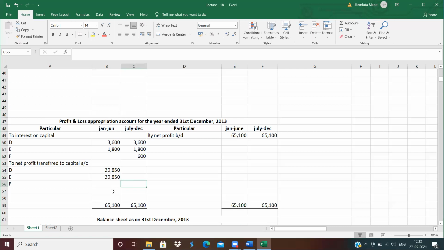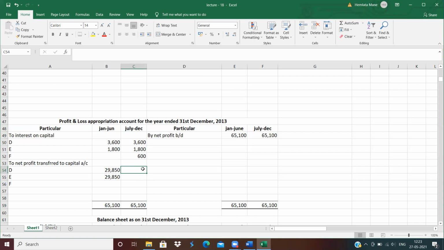The difference was 59,700. Distribute between two partners, because before 6 months only two partners were in the business. Now the next difference is 65,100 minus 3,600 minus 1,800 minus 600.